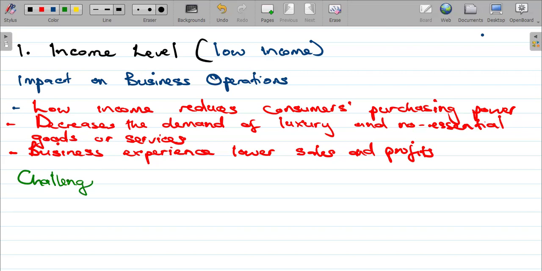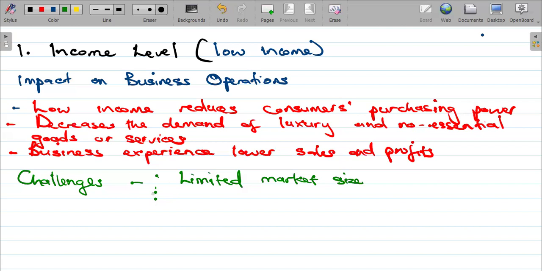This issue imposes challenges like a limited market size for the business, since customers are buying essential goods, not luxury goods.